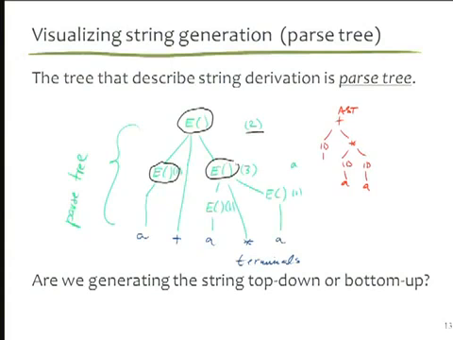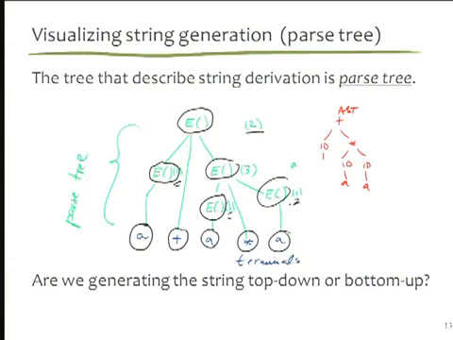Then in here we generated the random number 1. Here we generated 3, so there is another E times E. And here we generated 1 and 1. You see it here. So you see that the parse tree describes how that string was derived. In our case, it describes the random choices of productions. So here we have a production. Here we have non-terminal E, and we chose this production, which has number 2.